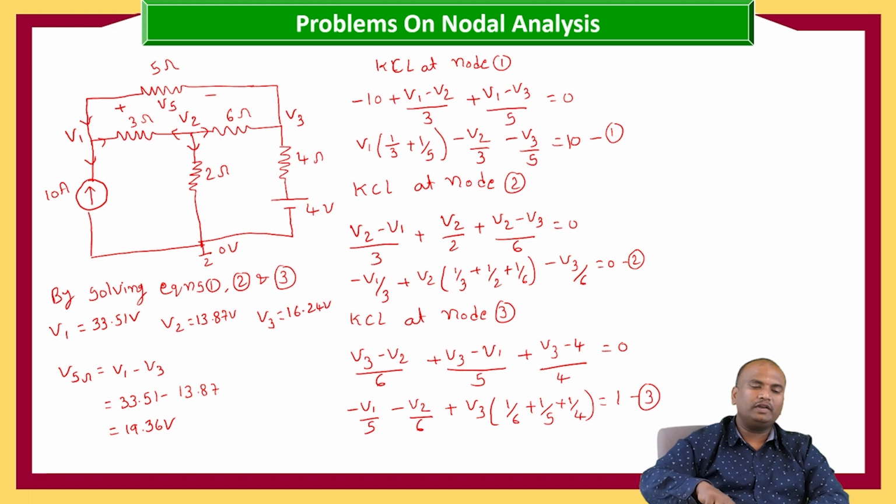This is the way we can calculate when we are having one current source with 3 nodal voltages.